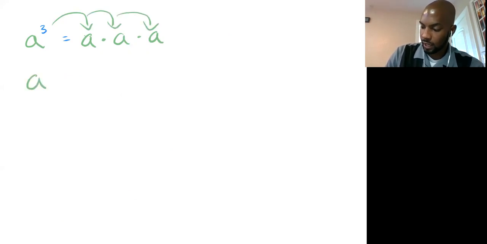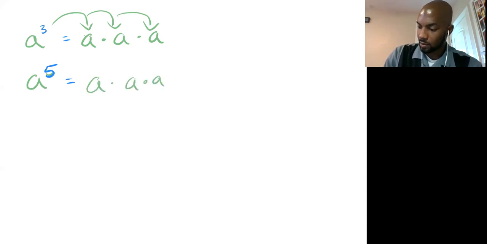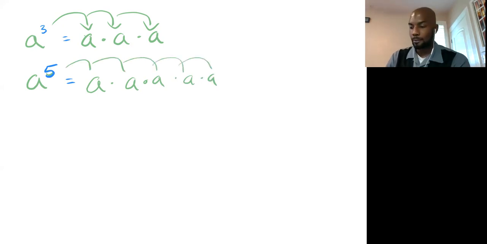A to the 5th would be A times A times A times A times A. That's 1, 2, 3, 4, 5. So we did that.